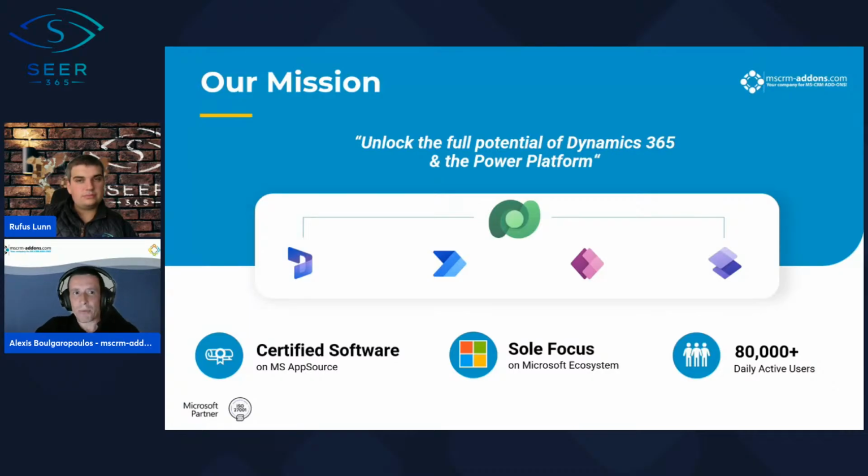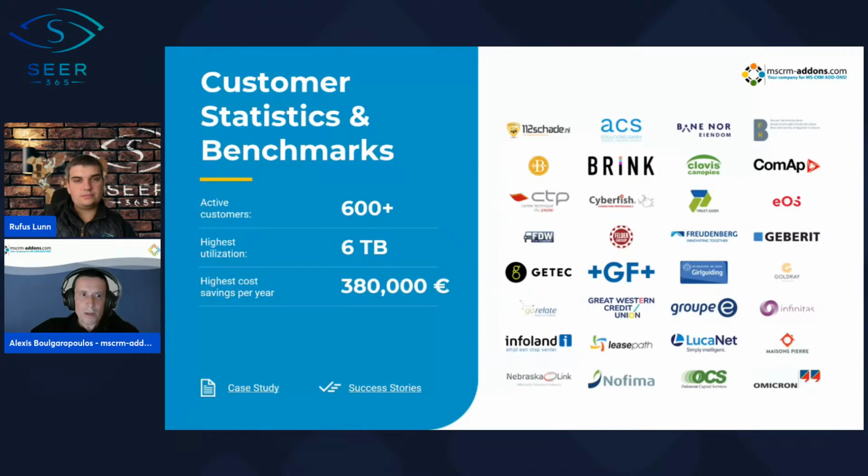Everything we offer is Microsoft certified and regularly updated, so customers know they can rely on us in the long term. We have many solutions. Some of you may already know the Document Score Pack. It's one of the most used products worldwide for document generation in Dynamics. But today I want to talk more about the product Attachment Extractor.